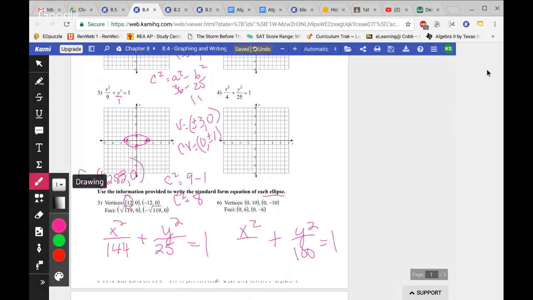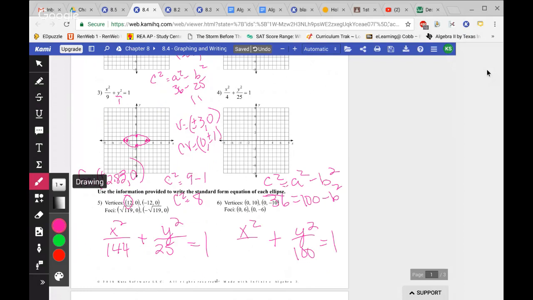All right. So how do I find the b squared? Plug it into c squared equals a squared minus b squared. Right. And so I have the foci. So that's going to tell me that c squared is 36. a squared is 100 minus b squared.